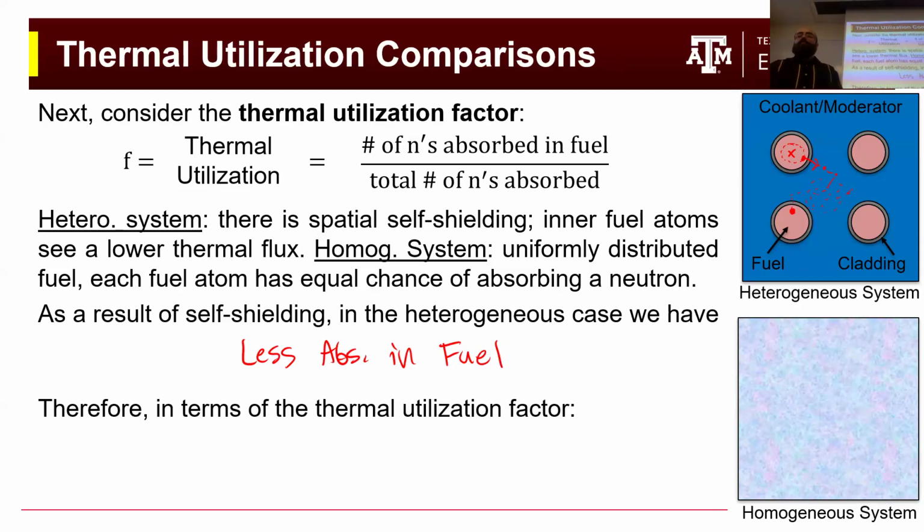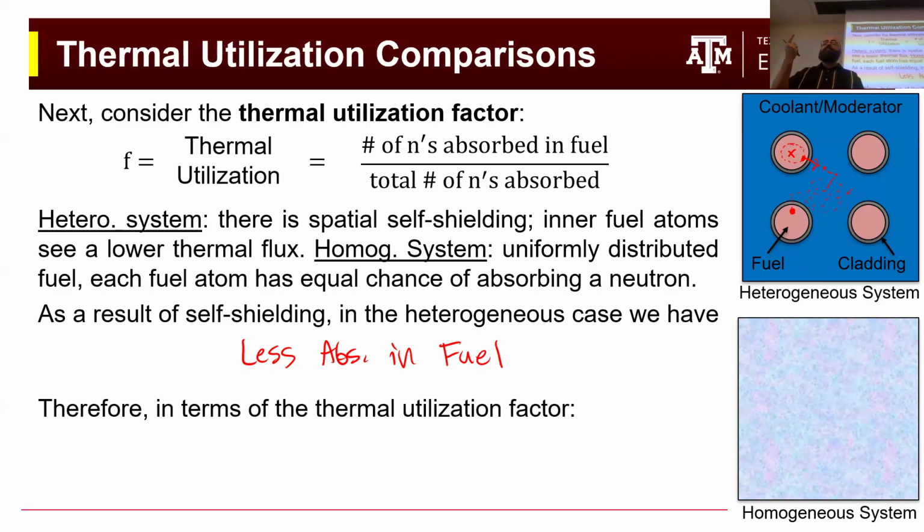It's like the center of each of these fuel pins has fuel that neutrons aren't really seeing. Whereas if it's a homogeneous system and the fuel is uniformly distributed, then there's no self-shielding and any fuel atom is going to be able to see neutrons with equal chance.